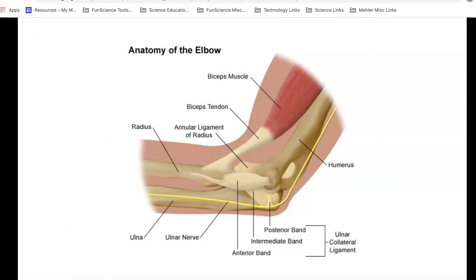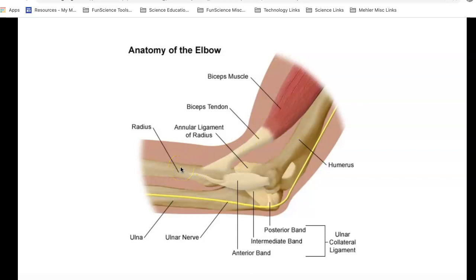This is an important diagram because it's going to reveal a couple different structures within the arm. Here we have one of the most famous muscles, the bicep muscle in your arm. But notice how this muscle is connected to the radius, this bone. It's connected with this thing called the biceps tendon. So tendons connect bones and muscles. Here's the muscle, here's the bone.